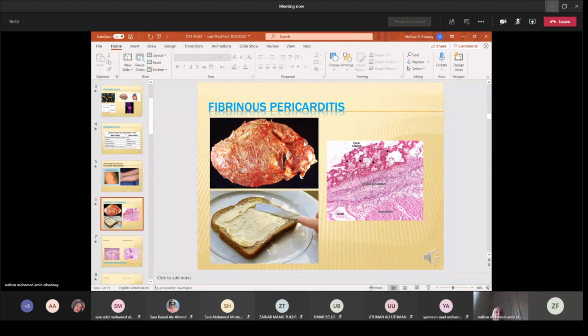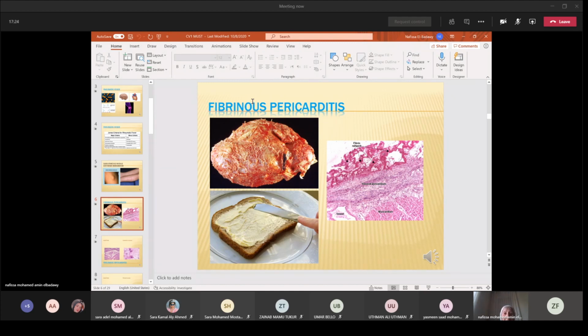The pericardium is the serous sac around the heart, and it is composed of two layers: the visceral layer, which is directly covering the heart, and the parietal layer, which is present near the chest wall. So we get fibrinous pericarditis. Pericarditis means inflammation of the pericardium, and fibrinous because it is rich in fibrin.